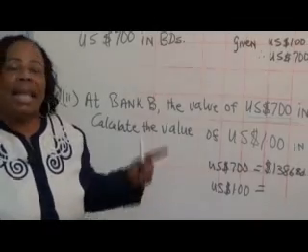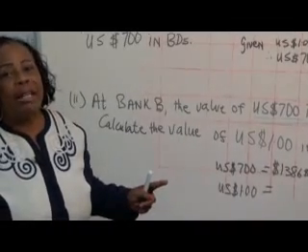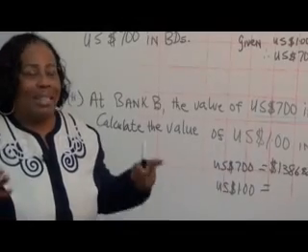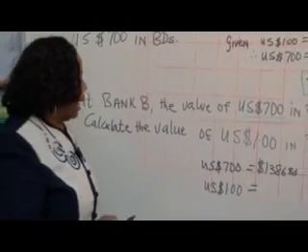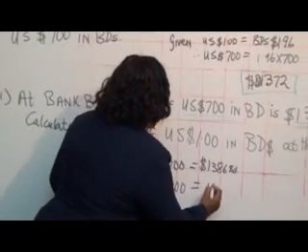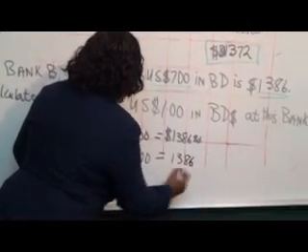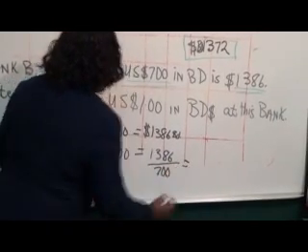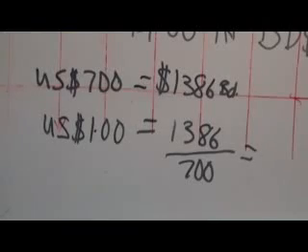And when it is less, what are we doing? We are dividing. Okay? So this now would have been equal to 1386 divided by our 700. That is what we are doing.